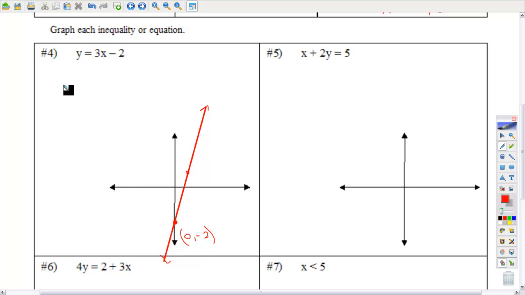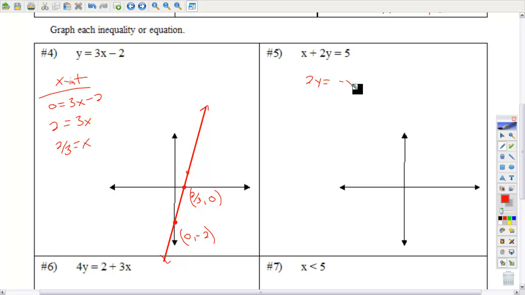Label the x-intercept. To find that, put 0 in for y. Solve the equation for x. X-intercept, y-intercept, graph.